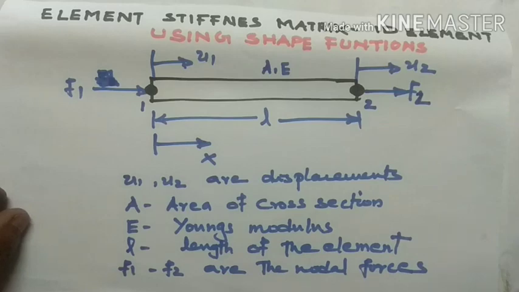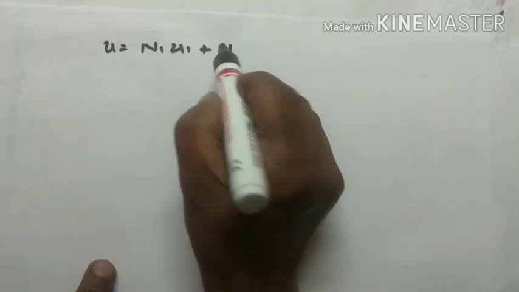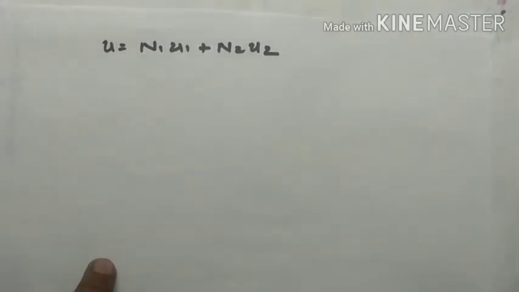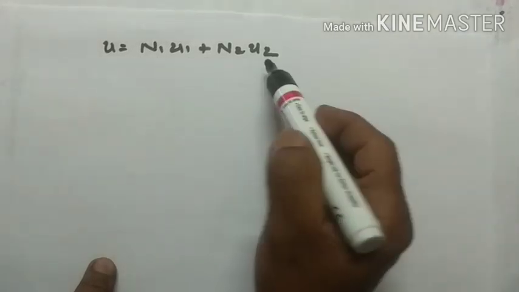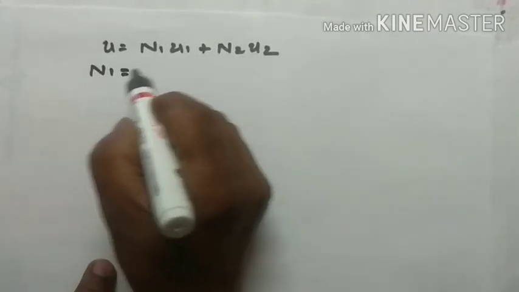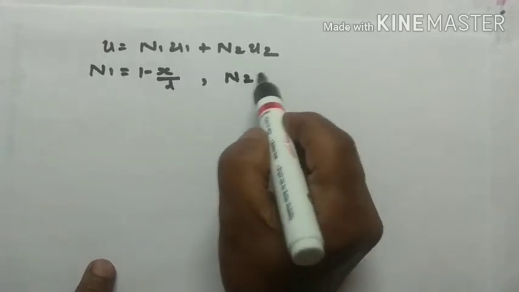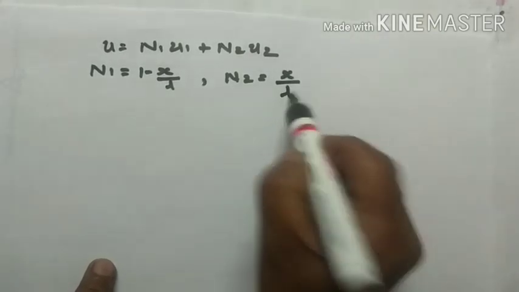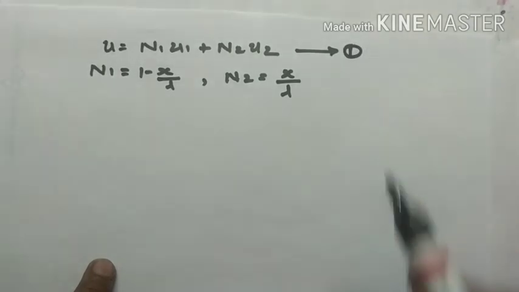A is the area of cross section, E is the Young's modulus, and this indicates the coordinate system. We know that u is equal to N1 u1 plus N2 u2. That is, the displacement at any point in a one-dimensional element can be represented using shape functions N1 u1 plus N2 u2, where N1 is equal to 1 minus x by L and N2 is equal to x by L. I am indicating this as expression number 1.